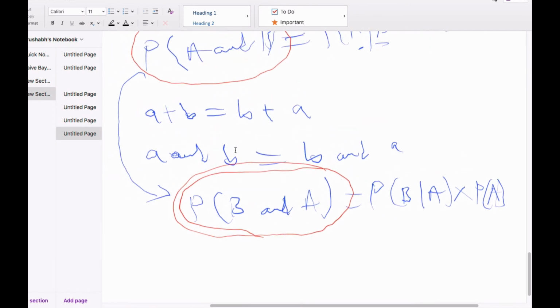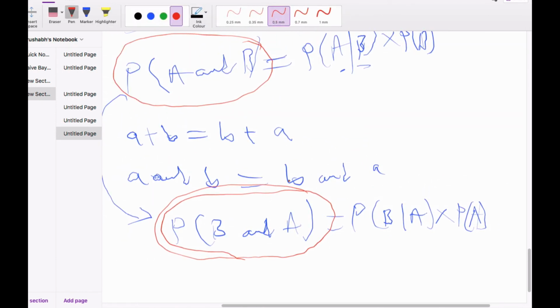So if probability of A and B and probability of B and A are the same, which means that this part is also the same, we can equate both of the other sides.